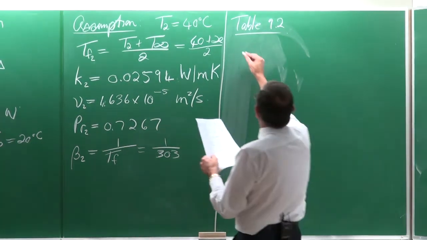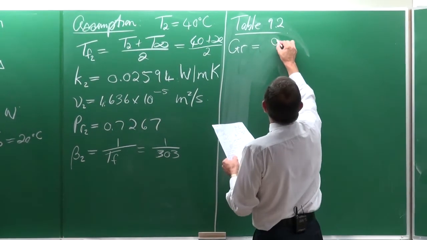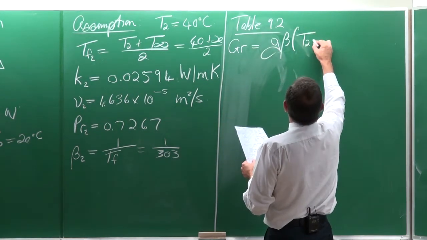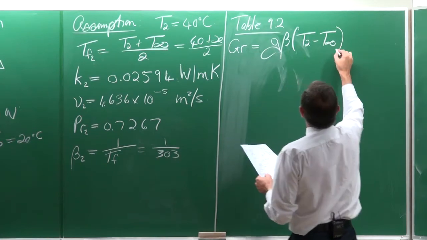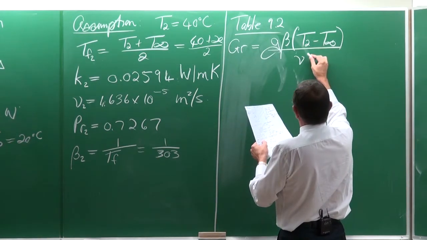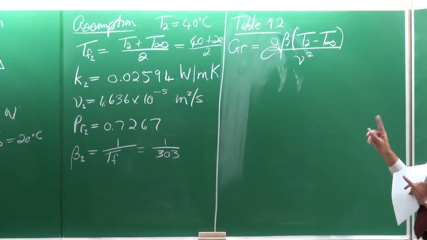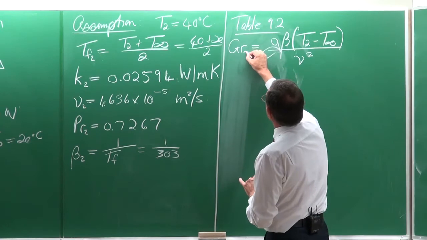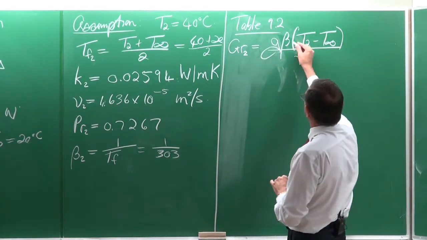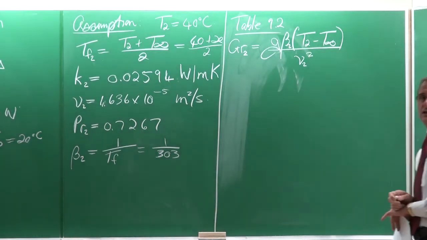So let's calculate it. So the Grashof number is equal to g beta multiplied by T2 minus T infinity divided by the kinematic viscosity squared. And again, to indicate that it is a Grashof number on surface 2, I'm going to use a 2 there, a beta 2, and a kinematic viscosity 2 there.